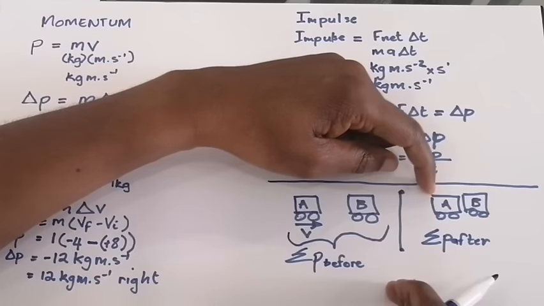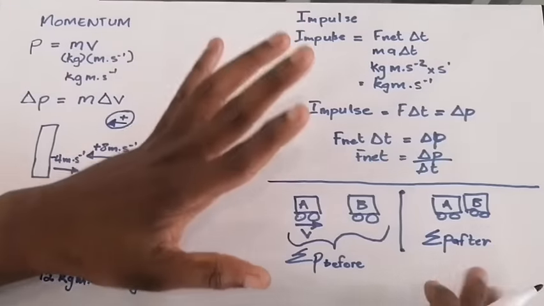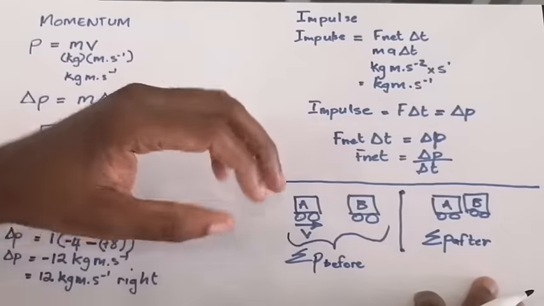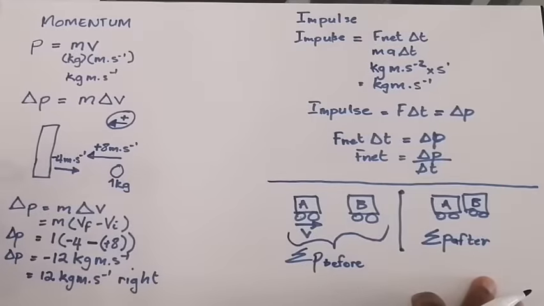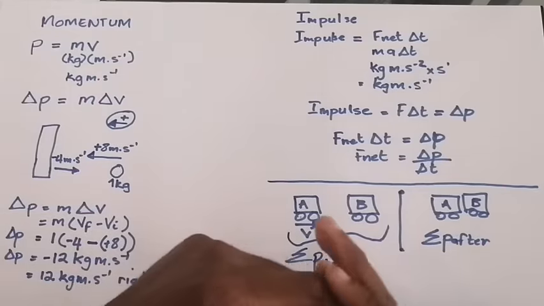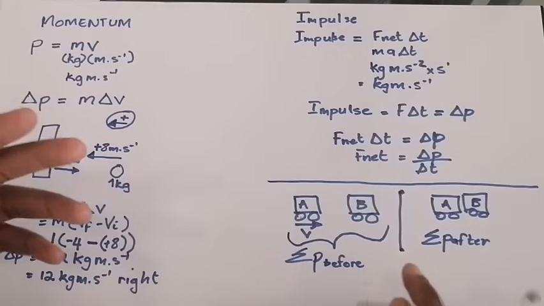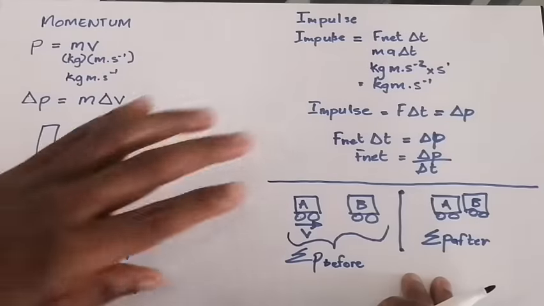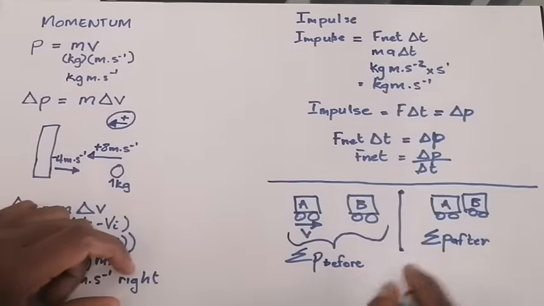Now, there are all types of different applications for this law, and by the way, that is why it's so strongly related to Newton's second law, because this is how we come up with safety measures, particularly with cars. When you talk about things like seat belts and airbags and so on, it's all an application of this rule.